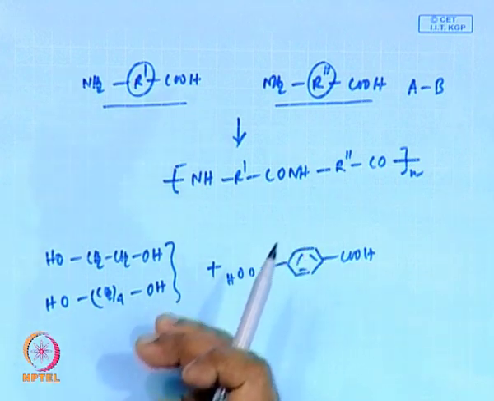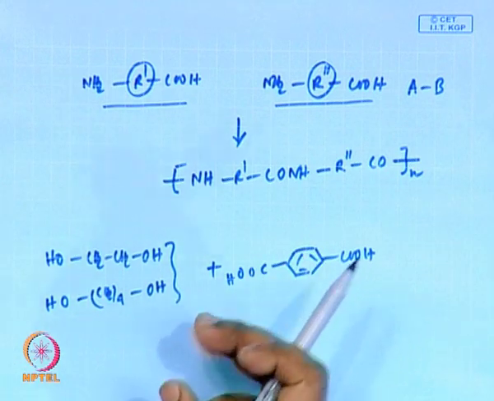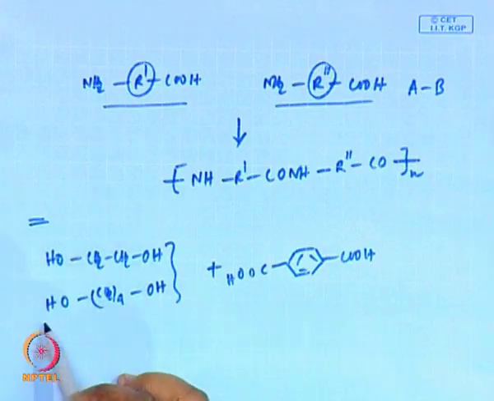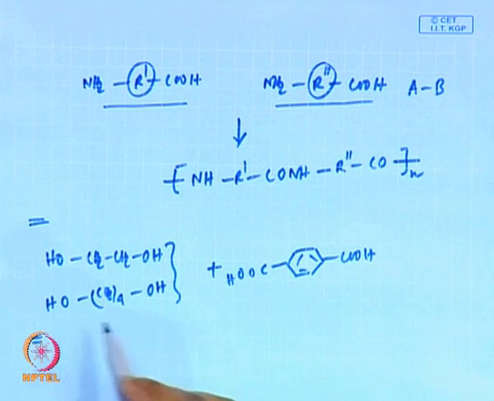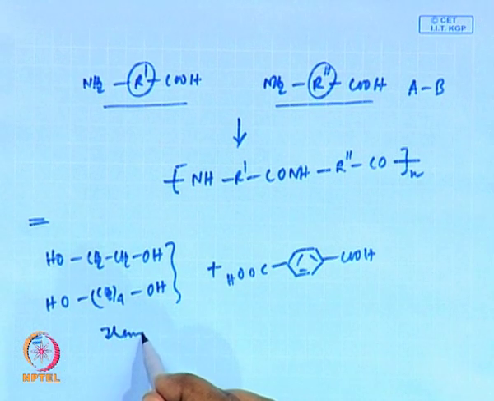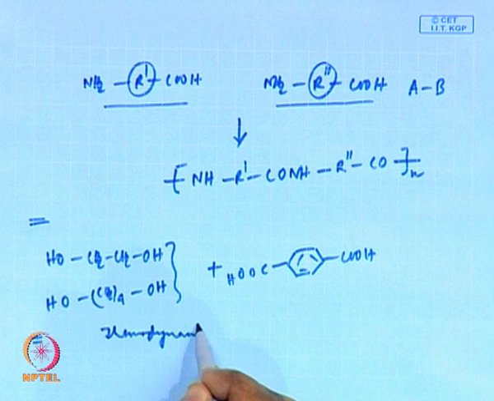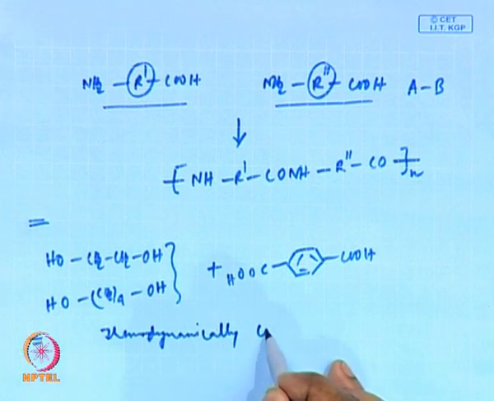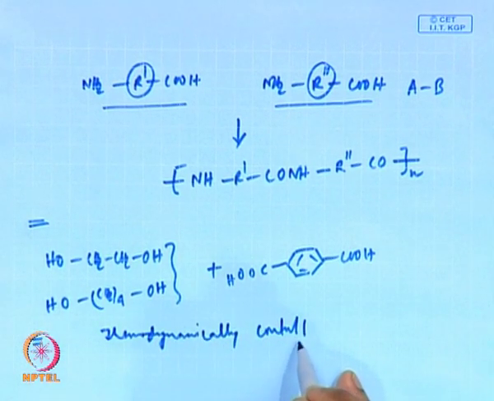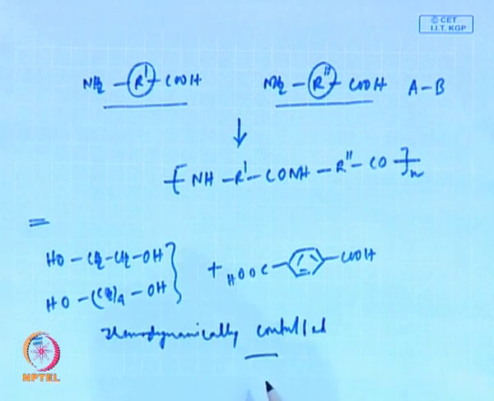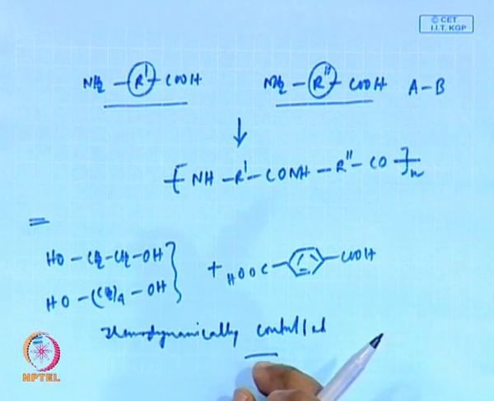There is an exchange happening between two groups, which means that if the reaction is thermodynamically controlled, then you will always land up with a completely random copolymer.